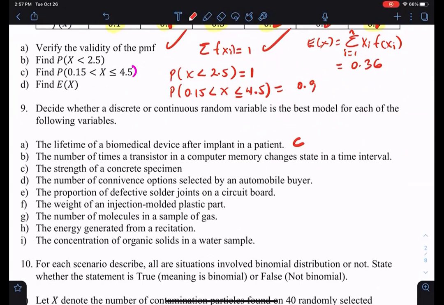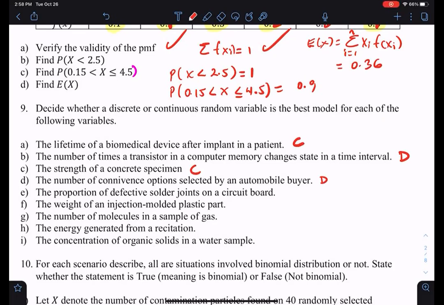The number of times a transistor in a computer memory changes state in a time interval, that's discrete because they're asking the number of times. The strength, that's continuous. You can think about Newtons, or another measurement of strength, whatever you want. So that's also continuous. The number of convenience options selected by an automobile buyer, that's also discrete because it can be 5, 4, whatever.